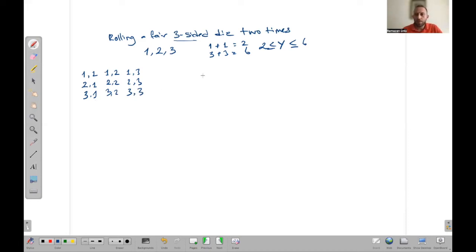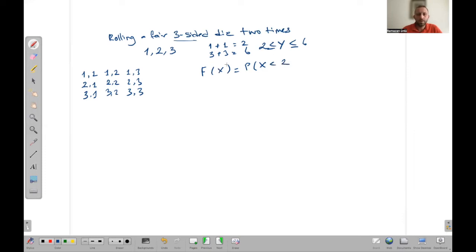And I want to calculate the CDF, right? So F of x is equal to the probability of x is less than or equal to something. Let's start from the less than. What is the smallest one? It is 2, right?